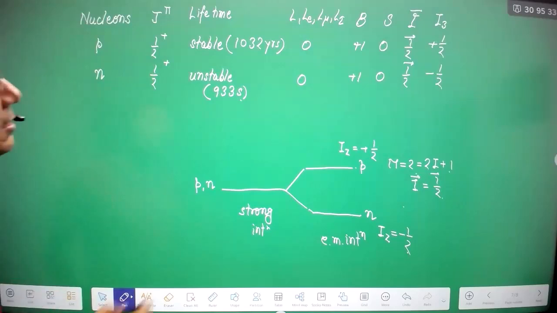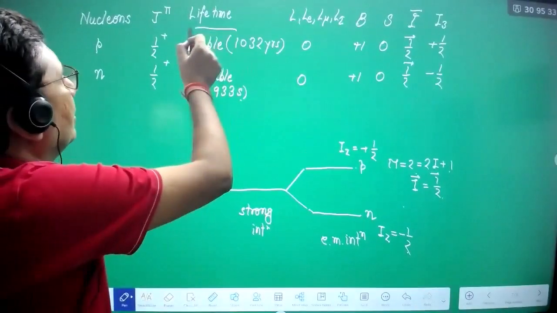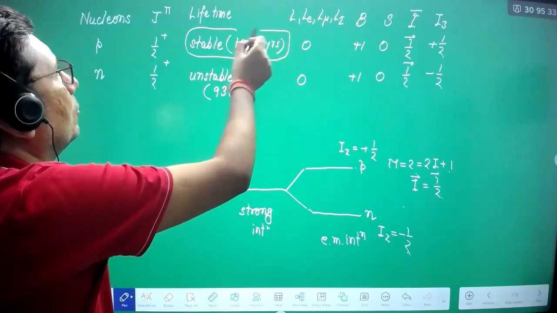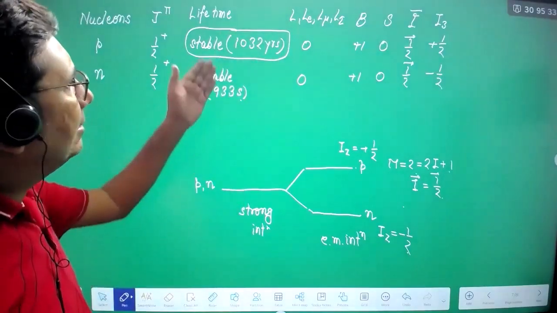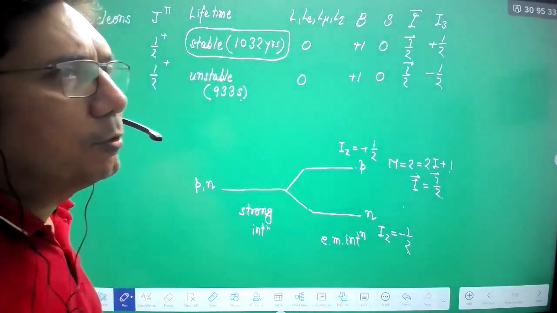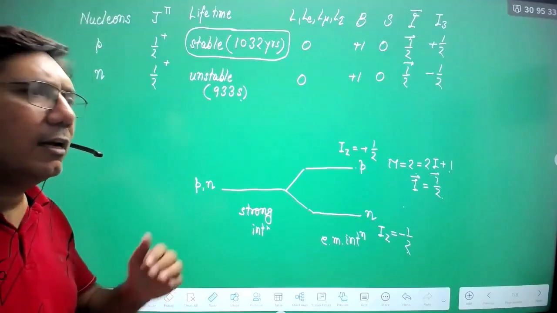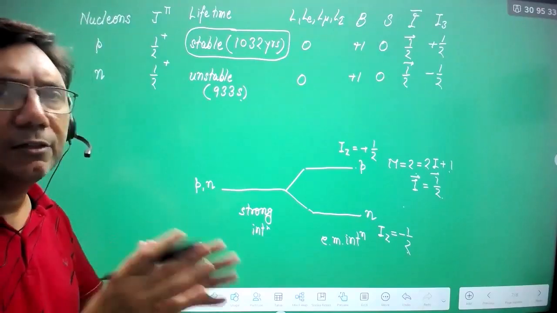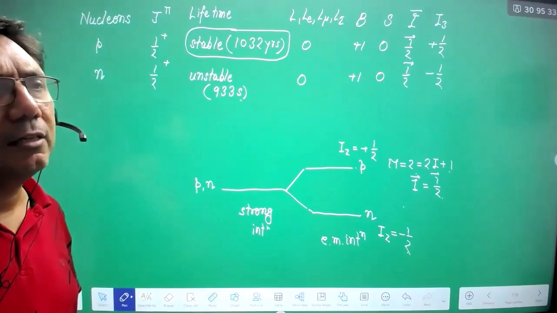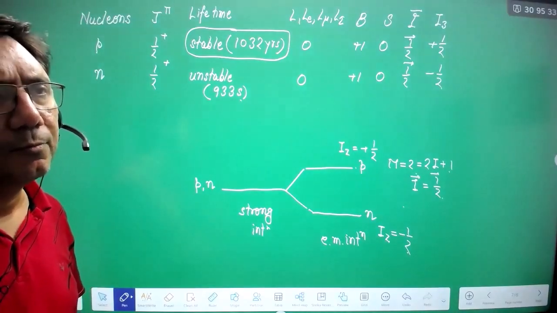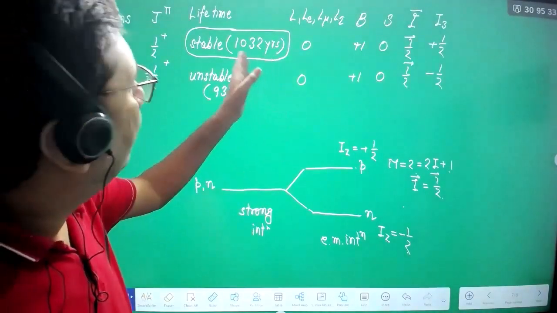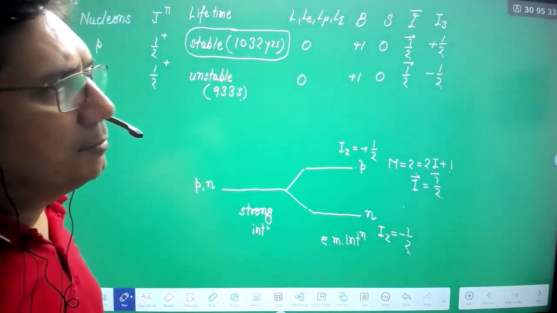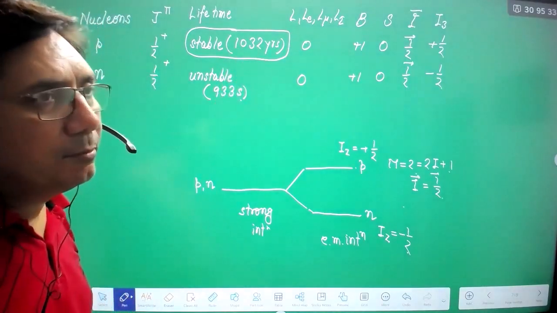Here you should remember the proton is a very stable particle. Other particles which are heavy as compared to the proton may have different lifetimes, but they are relatively unstable.